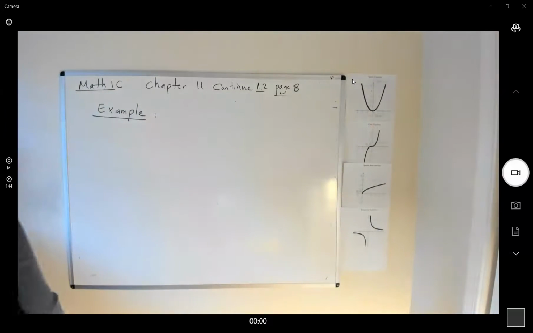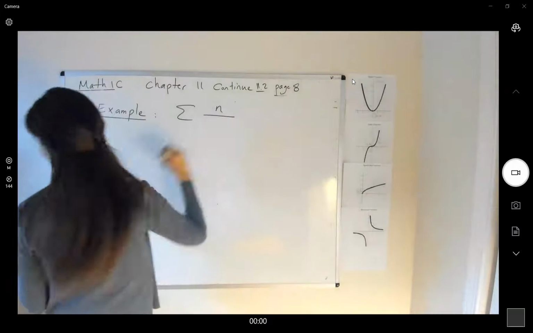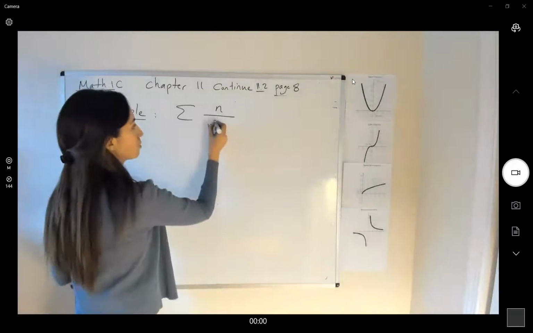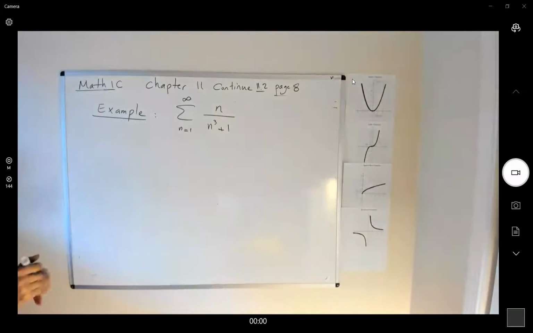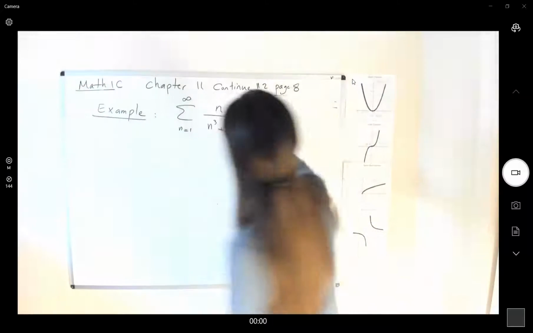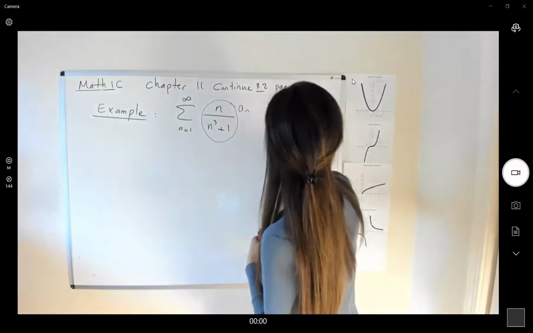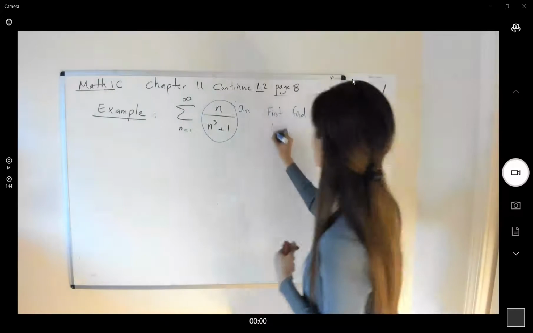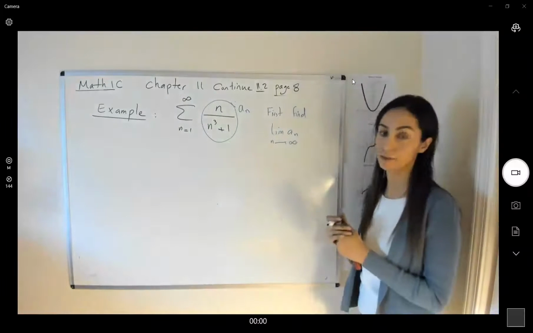So what do we have here? Analyze this series: the sum of n divided by n cubed plus 1, starting from 1 and going to infinity. First, we find the limit of the general term, the limit of a_n while n goes to infinity.